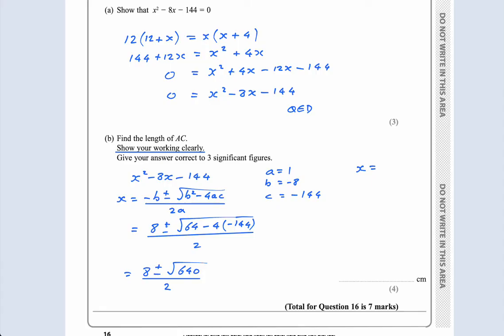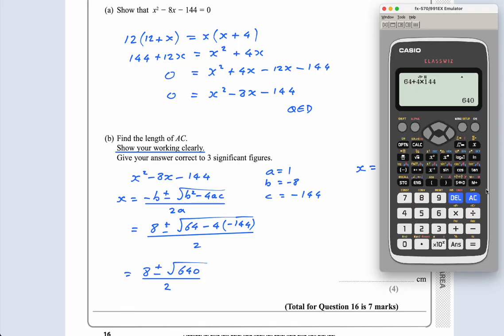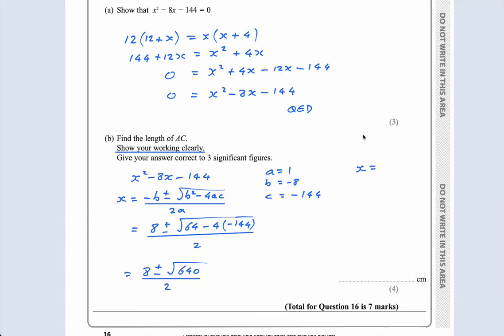So x is equal to, I'm going to actually calculate this, 8 plus the square root of 640, all over 2, which is 16.649.